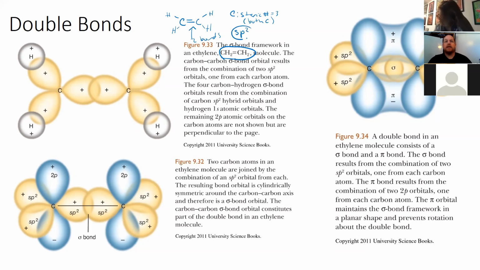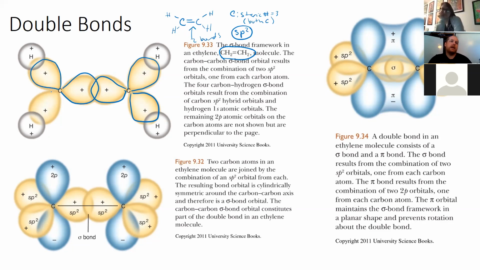And so if they're sp2 hybridized, as part of our sigma bonding framework, each of those carbons can have these 3 sp2 orbitals coming away from them. Remember that the angles between those orbitals are going to be right around 120 degrees. So each carbon will have those 3 sp2 hybrid orbitals.